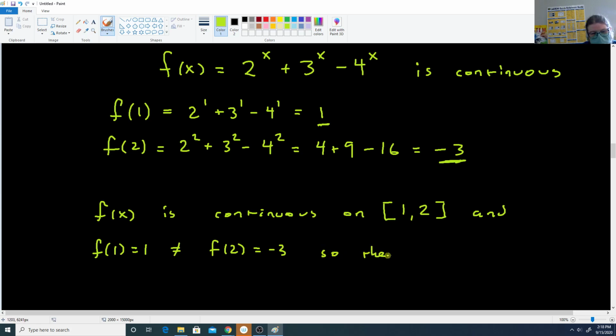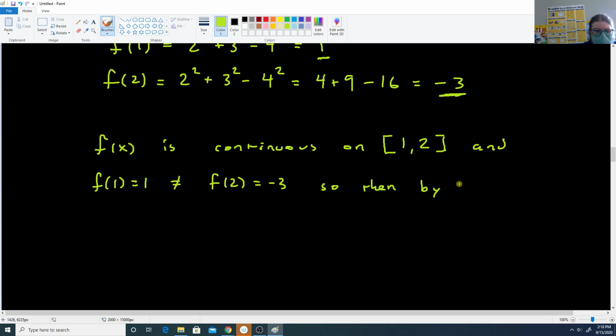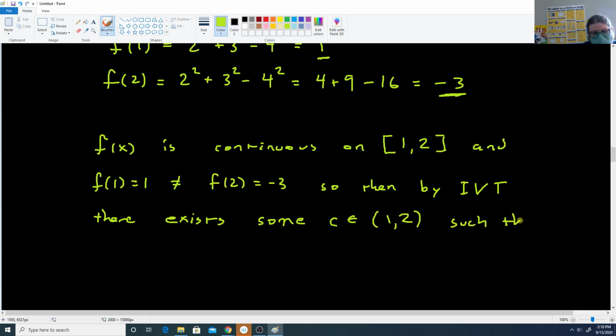So then, by the intermediate value theorem, there exists some c, an element of the open interval 1 up to 2, such that f of c equals 0.